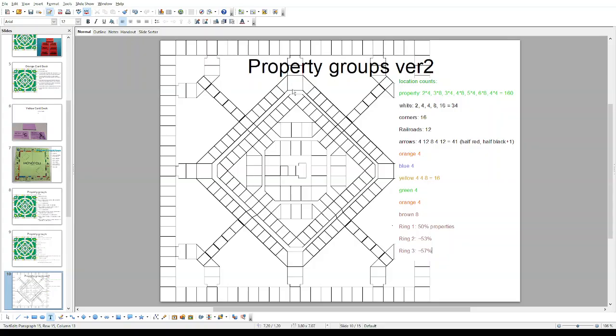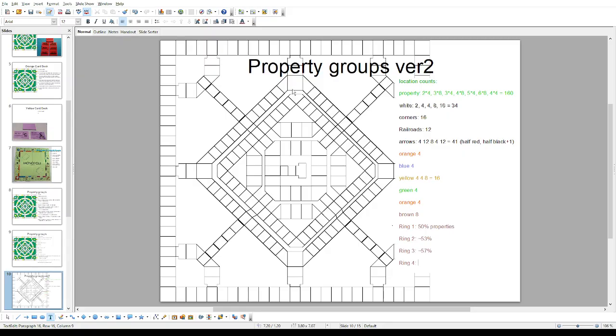One thing to remember is that in the original Monopoly, if it was perfectly regular with 8 color groups of 3 in each, then the properties would be 60%, which is actually a lot closer to this. All right, now for the real question: Ring 4.